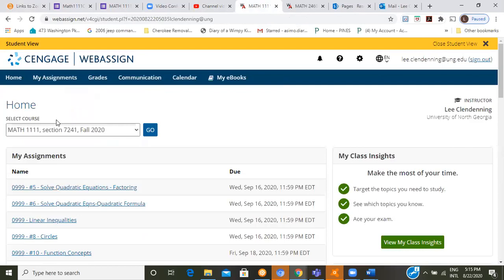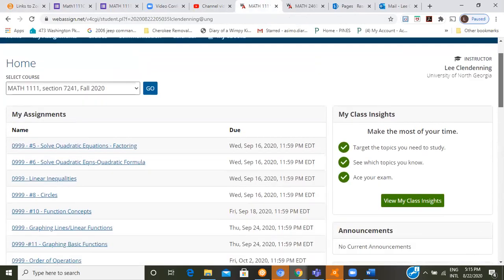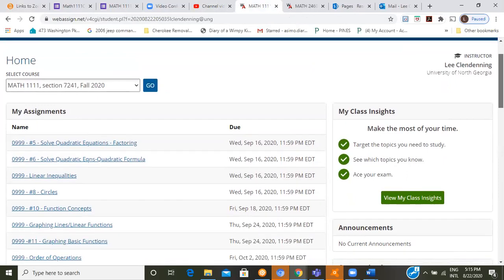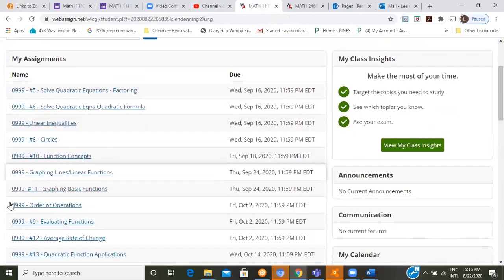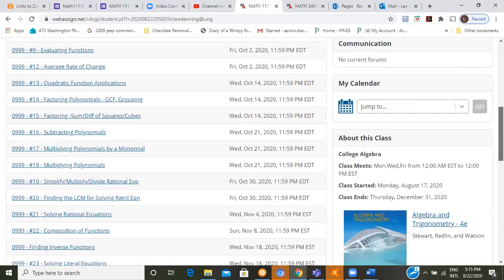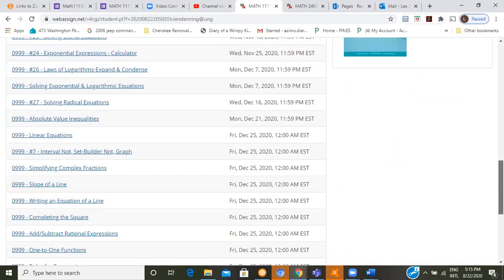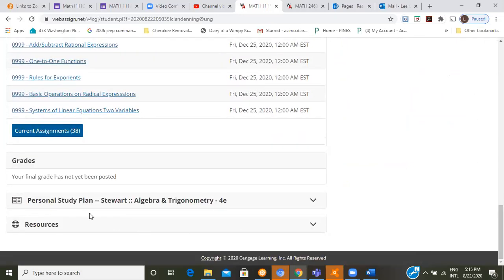I've picked an 1111, and it should be absolutely identical with the other class. These are 0999, basically learning support assignments. We're not assigning those. I'm going to only make assignments out of this personal study plan.